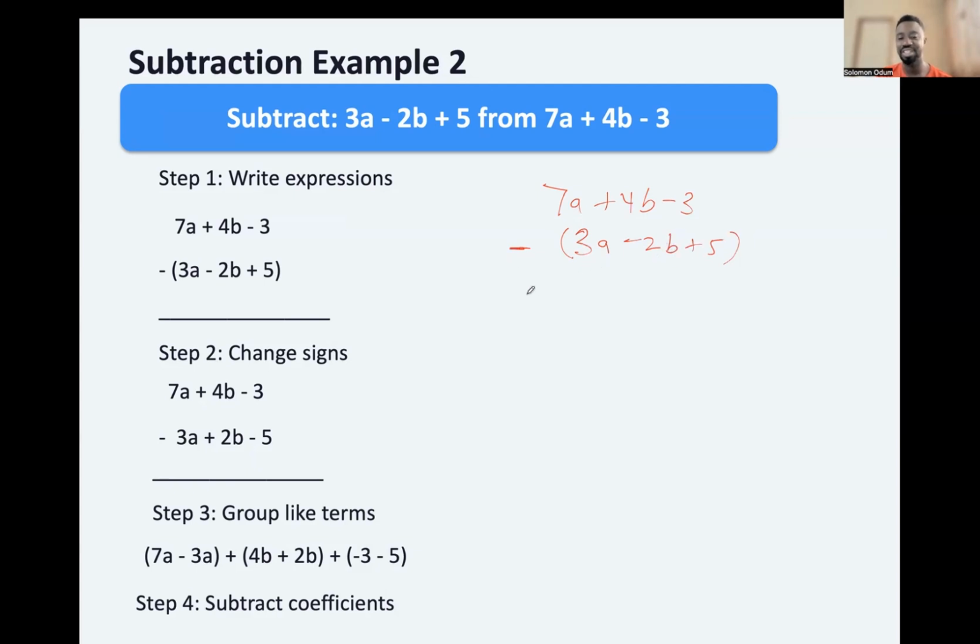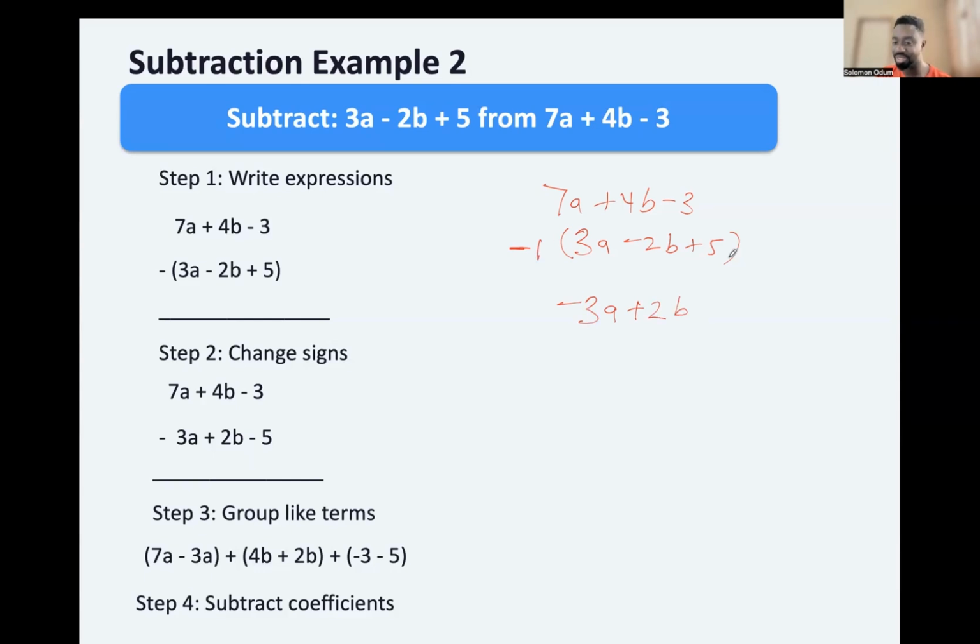The next thing is we have to change the signs for the second expression. Multiply by minus 1: we have minus 3a. Minus multiplied by minus 2b becomes positive, so plus 2b.